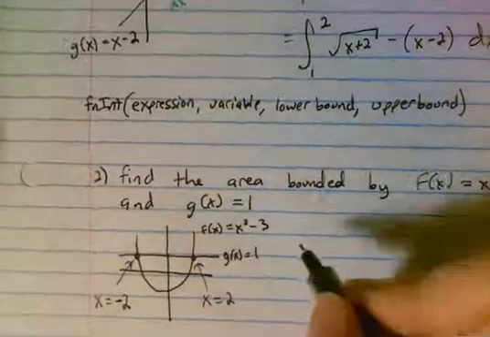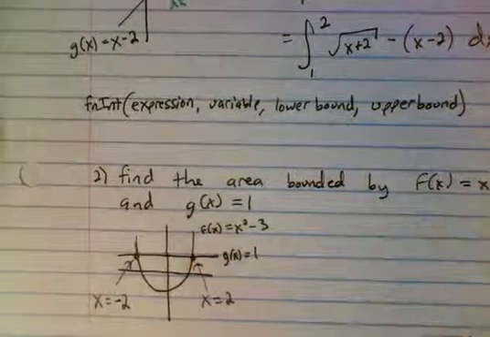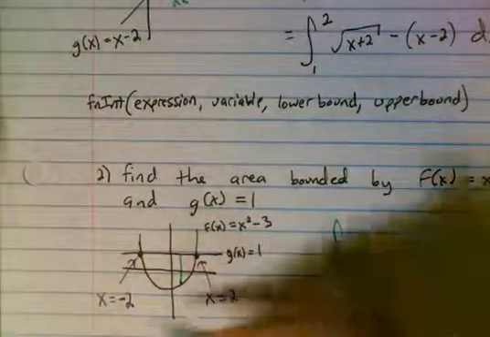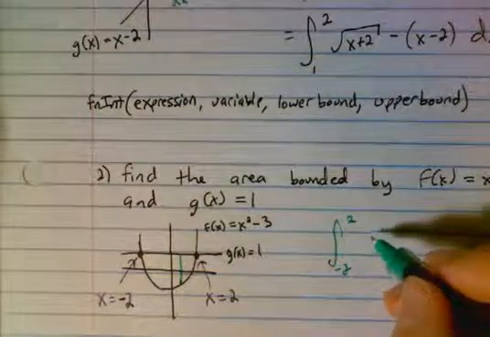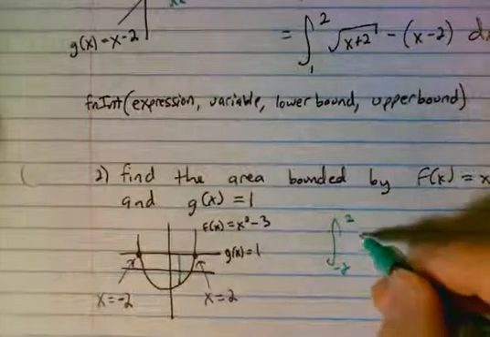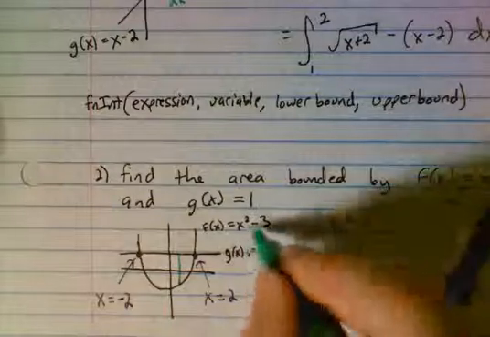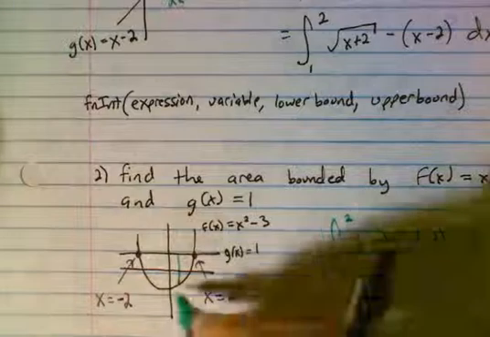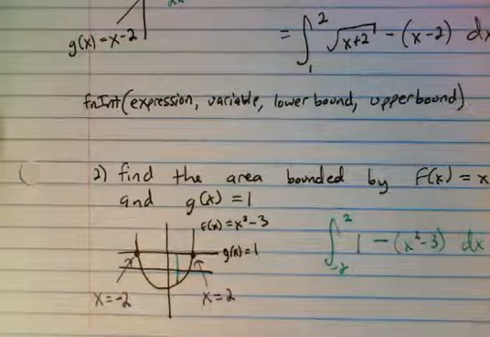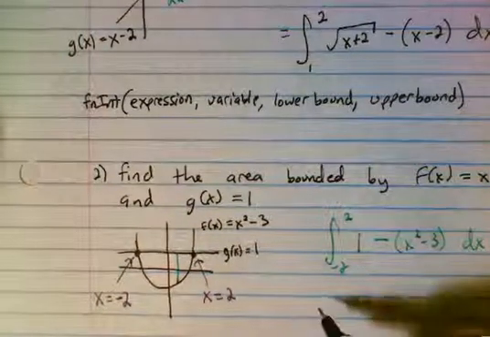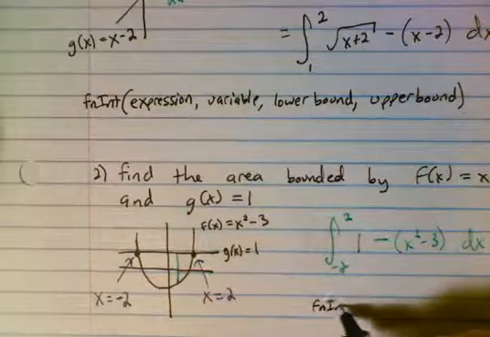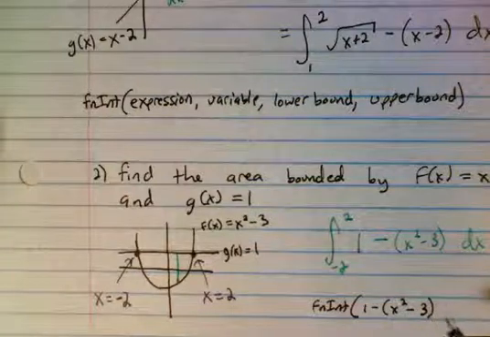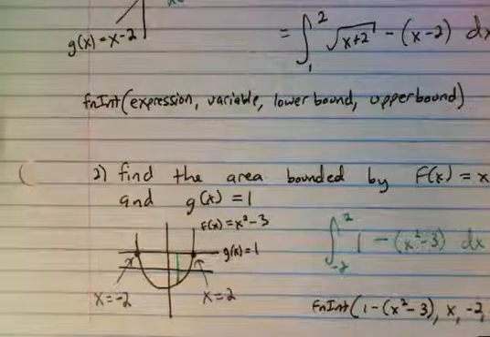From here, it's exactly like we've done in the past. So we're going to set up, here's our rectangle, it's dx, we're doing the integral from negative 2 to 2. G of x is on top up here, so g of x is 1. Then we're going to subtract f of x, which is x squared minus 3. And our width is right here, it's dx. So again, if we have the calculator available, all we have to do is put in definite integral 1 minus, make sure it's in parentheses, x squared minus 3, comma x, comma negative 2, comma 2.